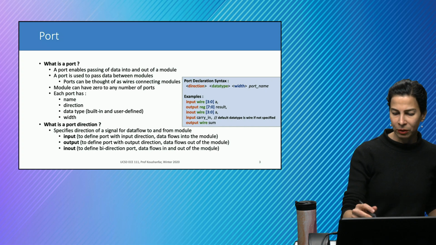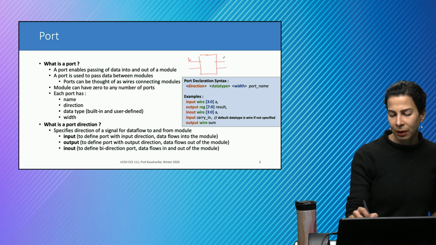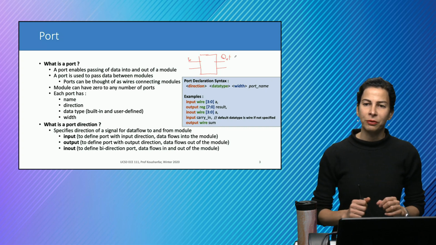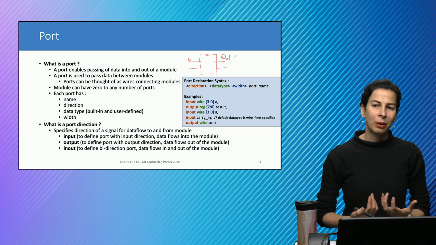I'm sure you all remember, usually we make the module block diagram by showing the inputs on this side, so the data is flowing in from here, and then the outputs, the signals go out from there. We could specify an arbitrary number of inputs and outputs for each module.